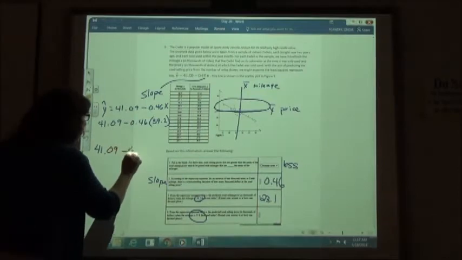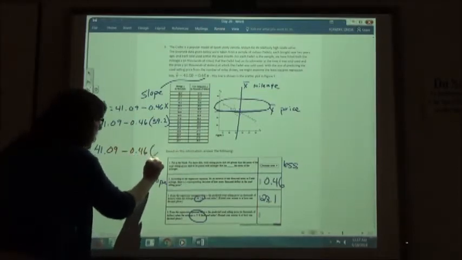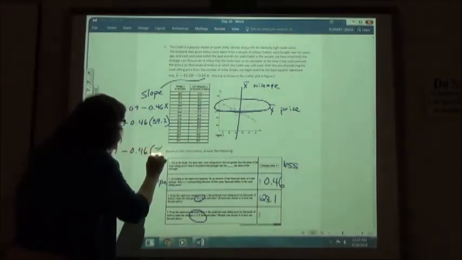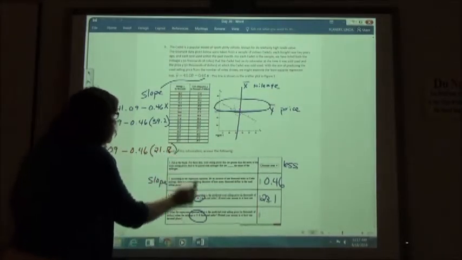41.09 minus 0.46 times my value here, 21.8.